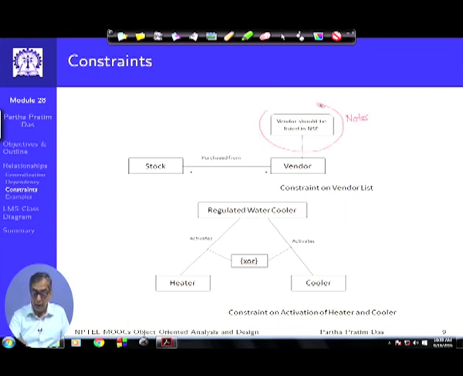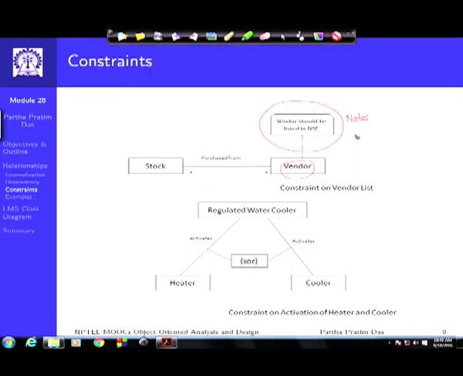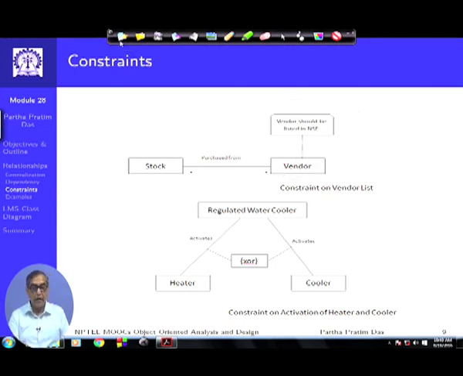So, this kind of a note attached here says that in this relationship the vendor may actually contain several vendors who are not listed in NSE. They may be related to other classes in the system, and for that reason they may be there. But for this particular relationship, the vendor would need to be listed in NSE. So, you are putting some kind of a restriction, some kind of a constraint on that.